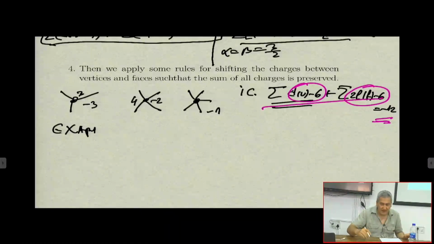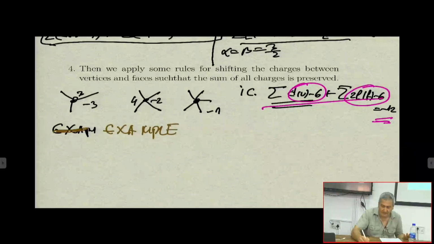Usually the rules are like this. Examples of rules: let's say a 4 vertex, and this is a 3 vertex.